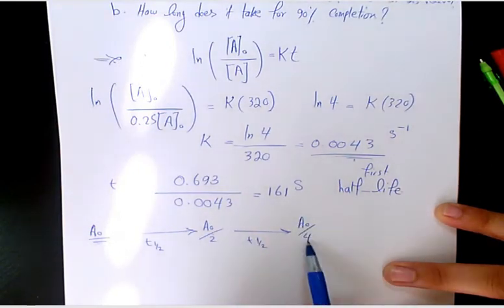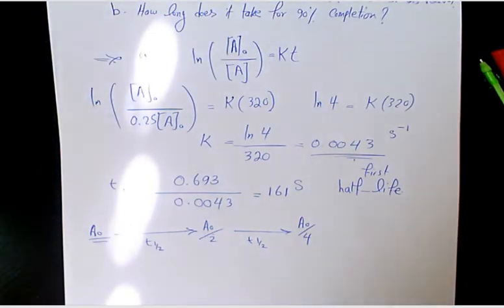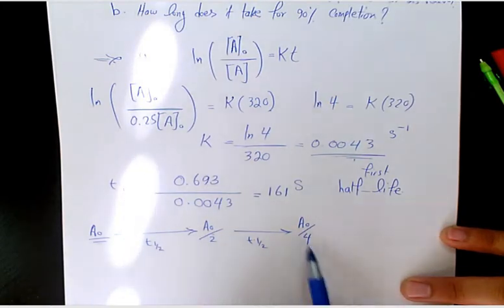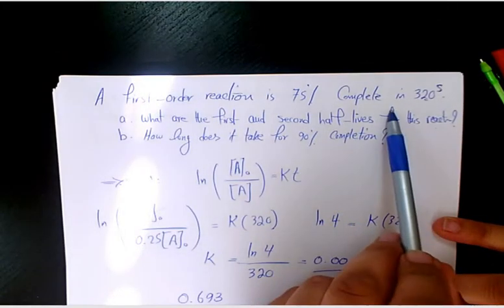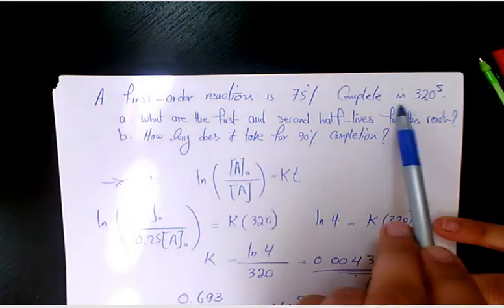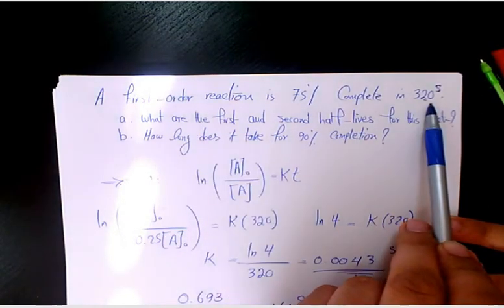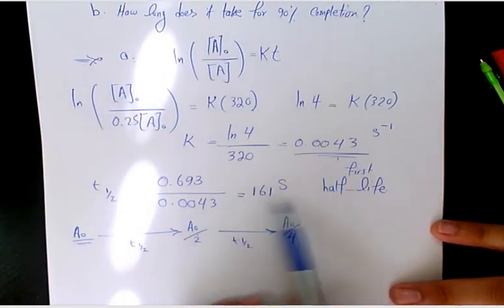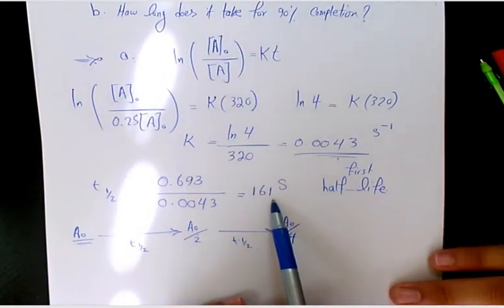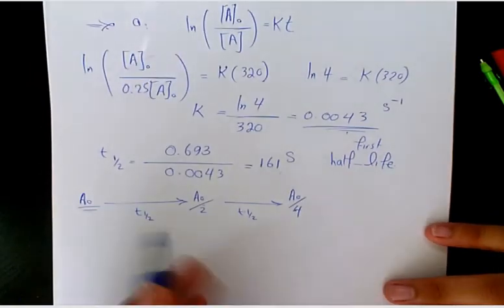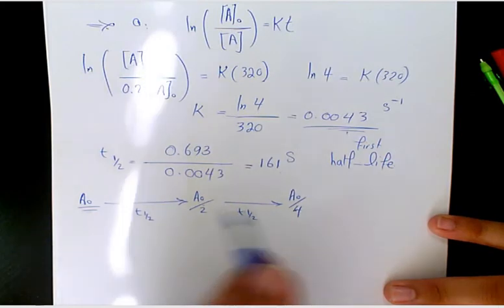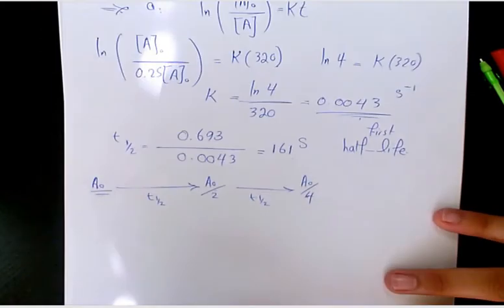It means that only 25% remaining, 75% passed. So after 2 half-lives, we're going to have 25%, which is exactly what we had here. So after 2 half-lives, we have 320 seconds. When you divide it by 2, you get 160 seconds, which is very similar to the number here. That's how we find it without any calculation. So 320 seconds is going to be the second half-life.